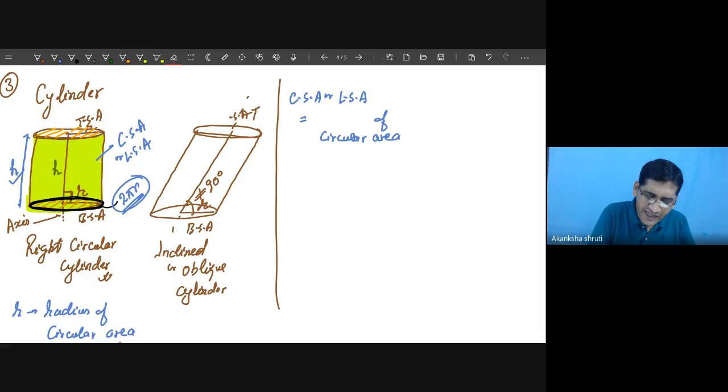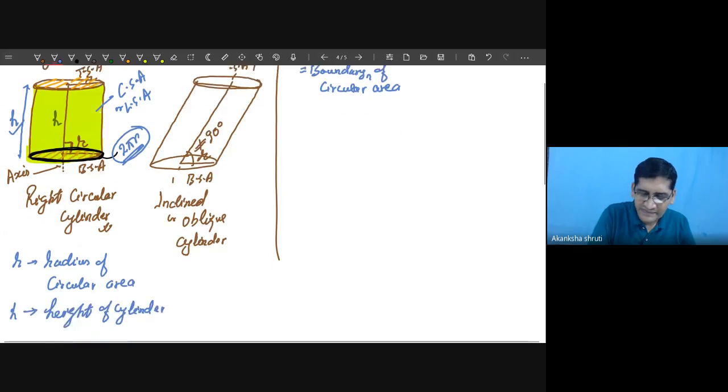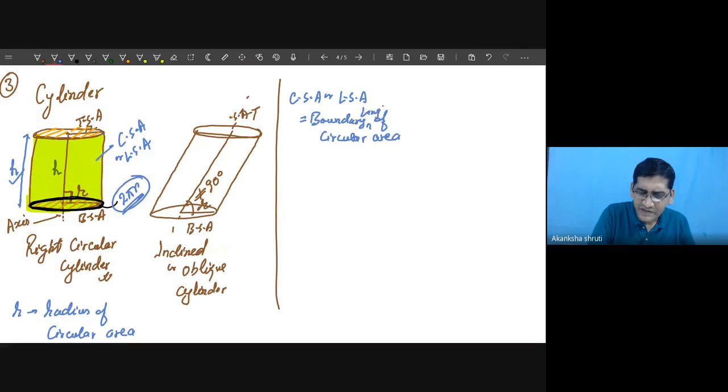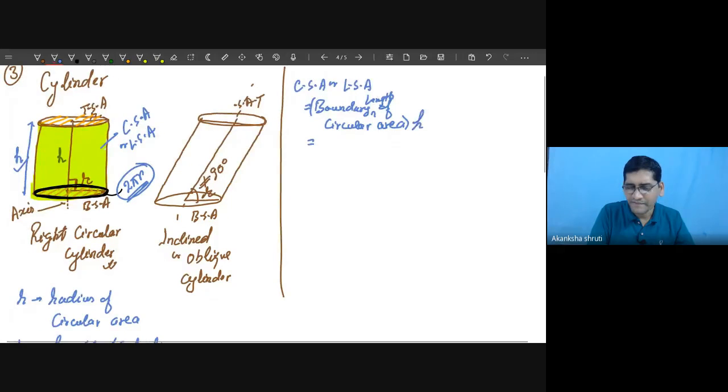It is not the area, it is the boundary length, which is nothing but our circumference. But this circumference has to be extended by the height.